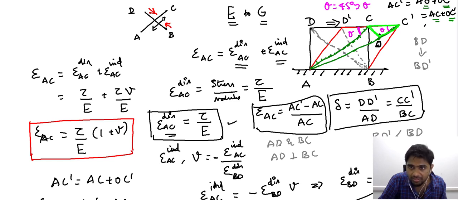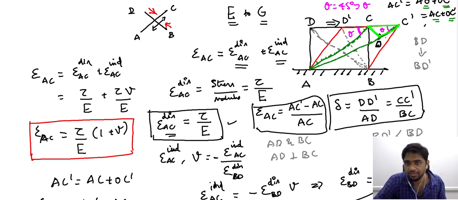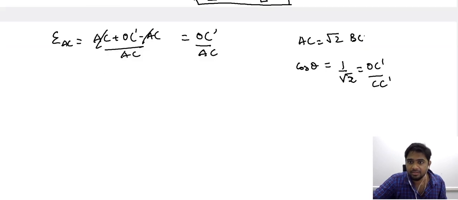This angle is 45 degrees because it is part of the diagonal that splits the angle at C into two. So when you consider cos theta within this triangle, we are able to relate OC prime to CC prime. The OC prime that we are interested in is of the form CC prime by root 2.